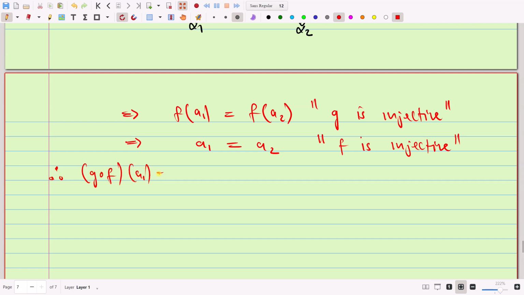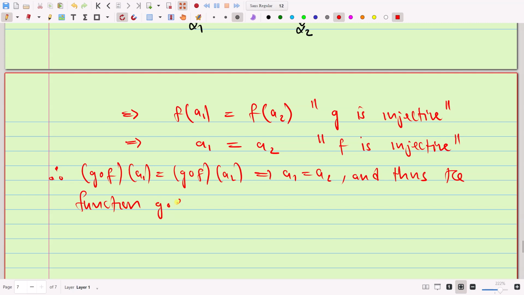You see. So therefore, what do we see? Therefore, g of f of a1 equal to g of f of a2 implies a1 is equal to a2, and thus the function g of f is injective.